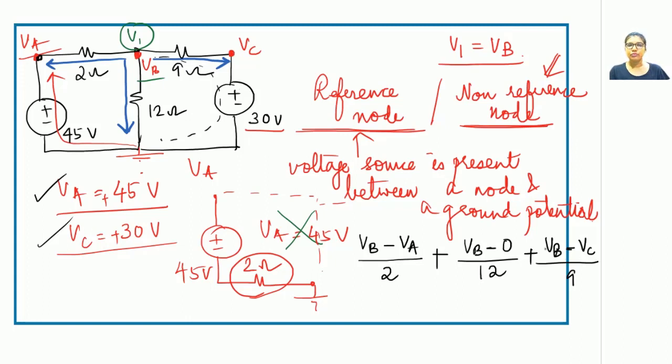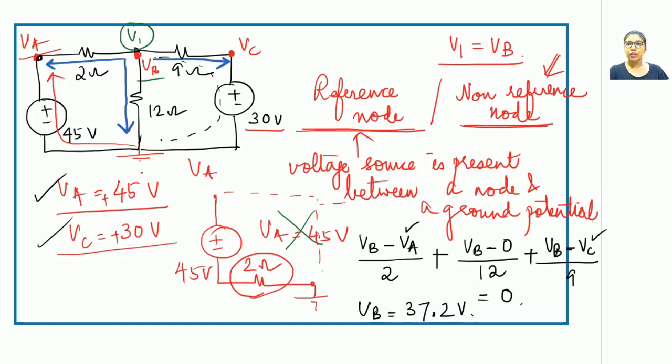So this is our term, VB minus VC upon 9, is equal to 0. The value of VA is known, the value of VC is known. Please substitute those values and finally VB will come out to be 37.2 volts. So these are the 2 sets of analysis that can be used to find out the nodal voltages.